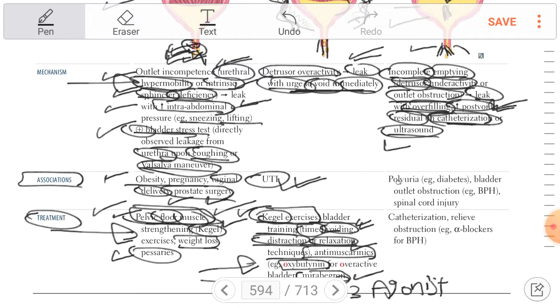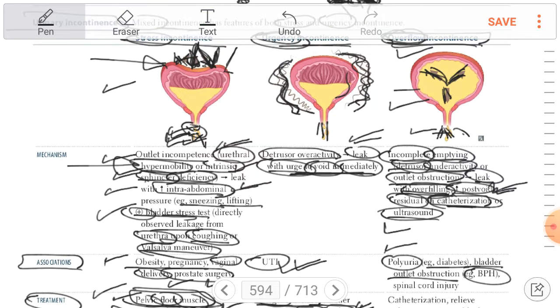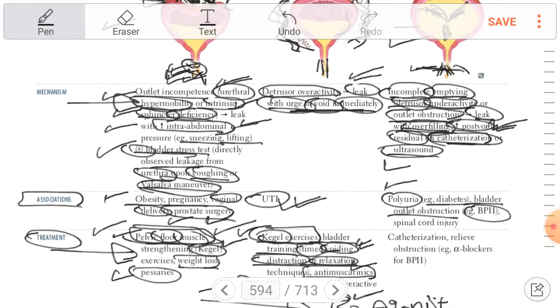Then cases of what? Polyuria, like diabetes. There is diabetes mellitus, diabetes insipidus, and in both of them there is what? There is polyuria, loss of water. Then bladder outlet obstruction, like what? Benign prostatic hyperplasia, leading to incomplete emptying, incomplete voiding.